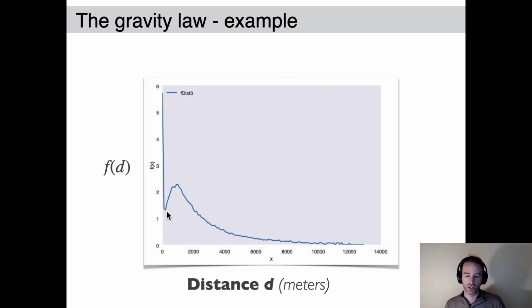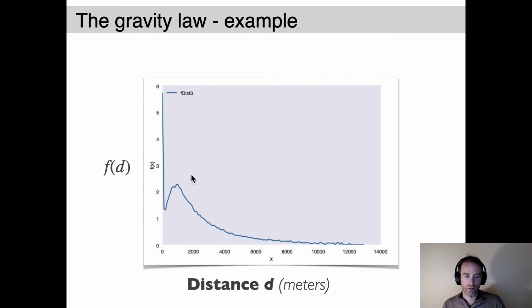So maybe it's just shorter to walk if it's less than 500 meters or a few more. And you also see that the probability decreases with distance, because obviously you don't take a Velov to do 10 kilometers. There are better solutions for that.